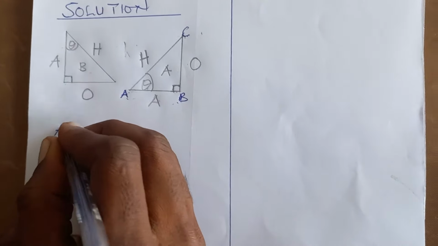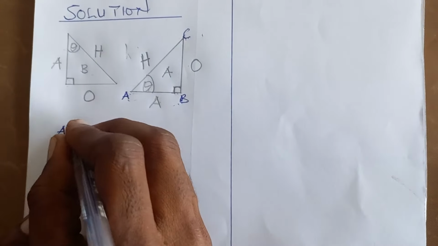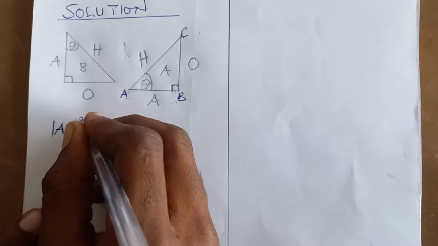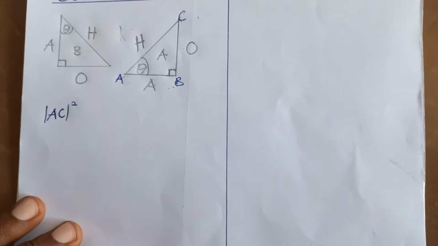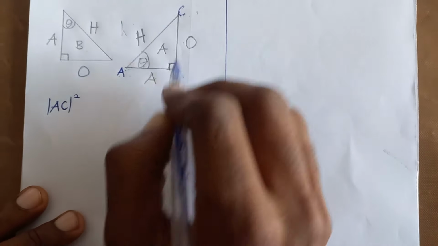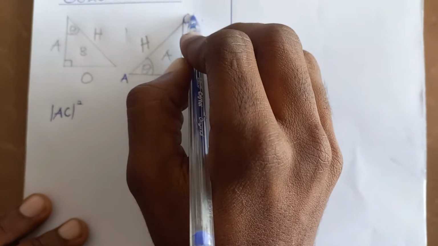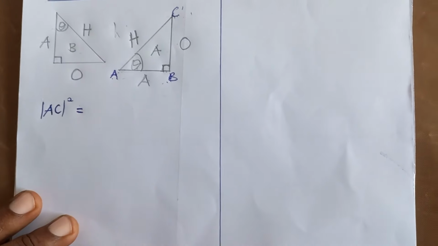So they said that the side AC, so AC squared, since we are saying that moving from A to C is equal or the same as moving from A to B and B to C, we should equate it and see whether it's correct.